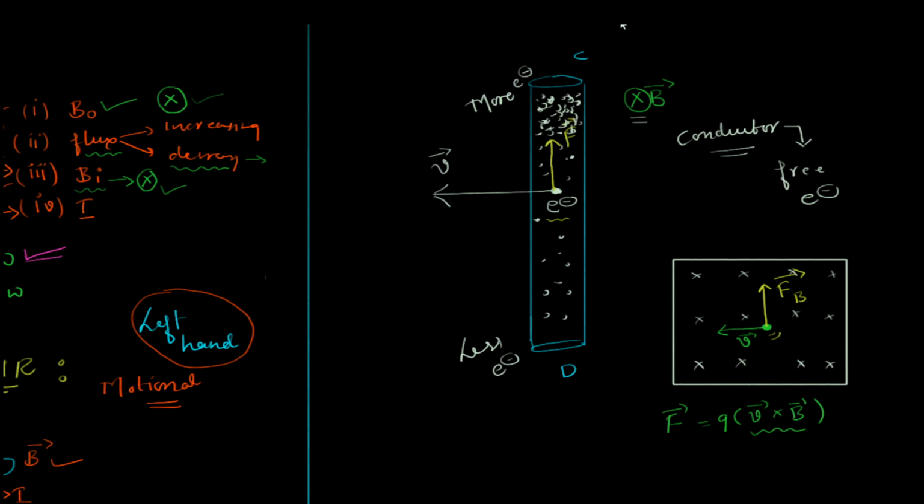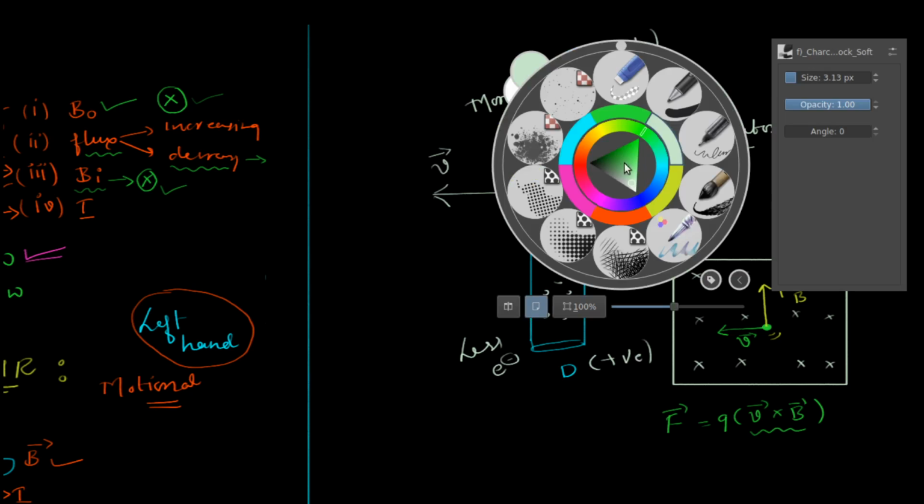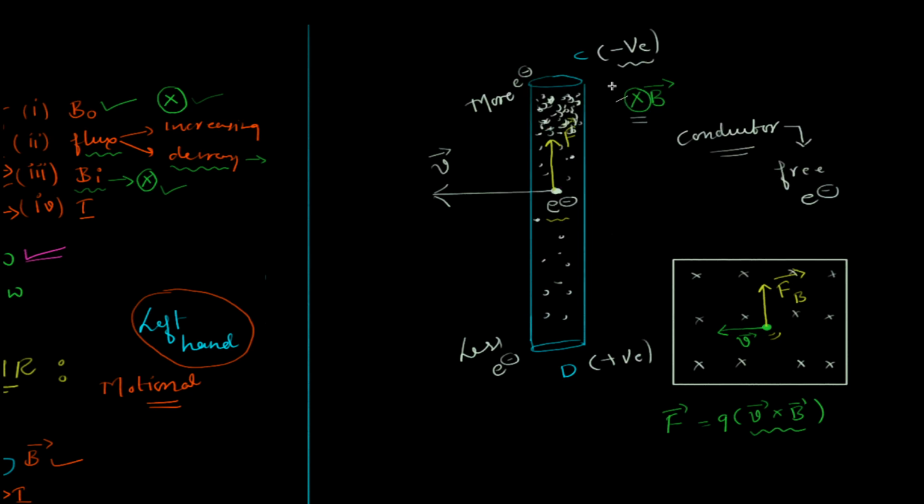And as a result, C behaves like the negative potential or lower potential, and D behaves like positive or higher potential, which is as good as the sort of battery we had placed a while ago, right?